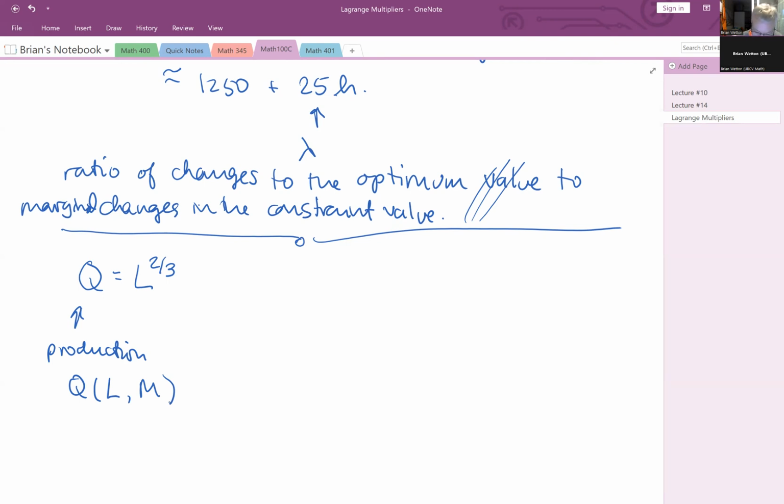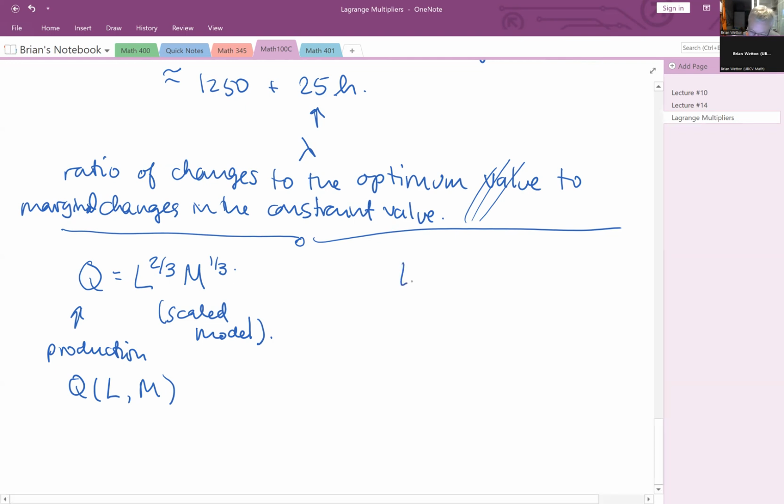Okay, but I've got M for machines. And this is the form of the model I'm going to take. So this is a scaled model of how production could depend on the amount of labor and the amount of machinery that you have.